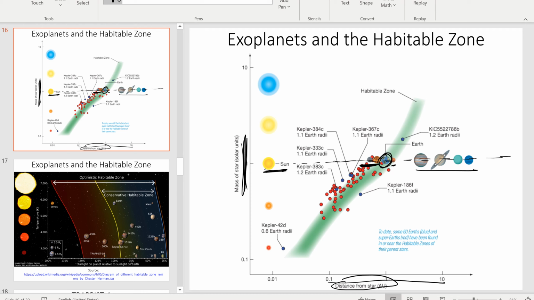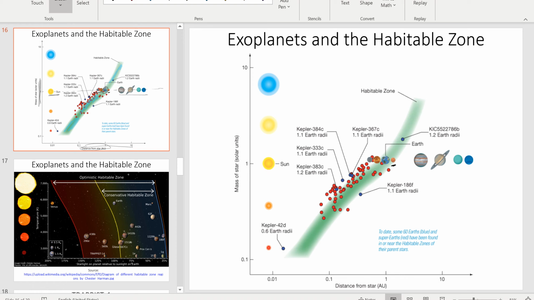And this green region is roughly the habitable zone that I was talking about. And then we have other planets here. These are exoplanets. And you can see that quite a few of the exoplanets are actually in the habitable zone. Now, the habitable zone gets closer to the star as the star goes down in mass.